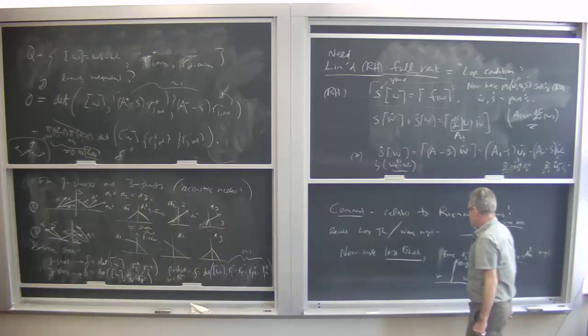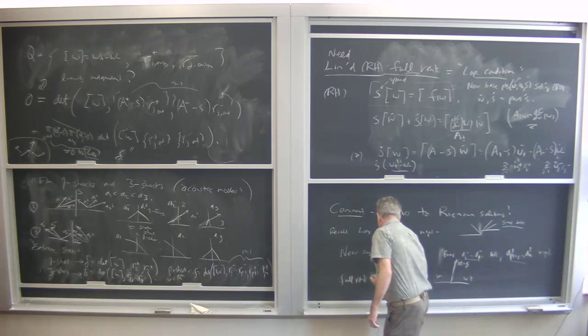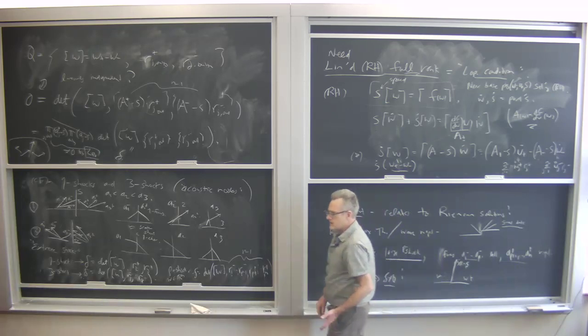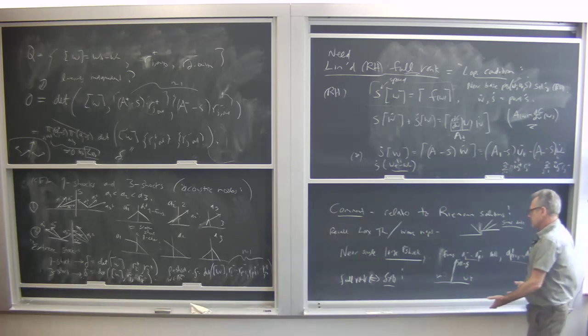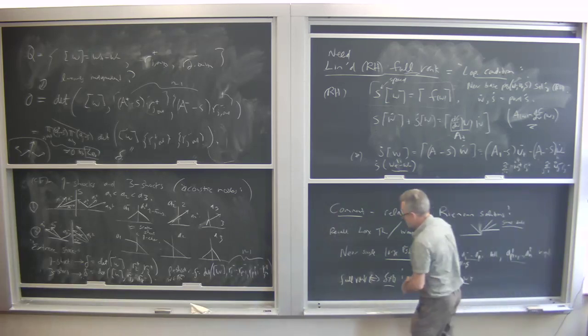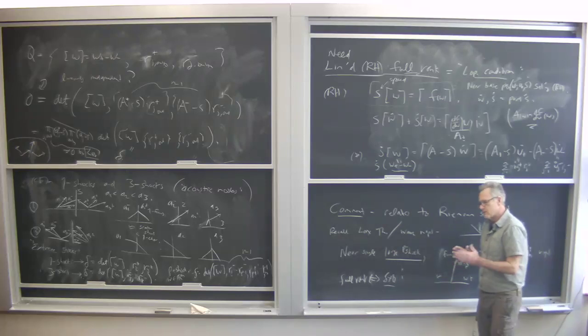This is equivalent to full rank, which is equivalent to delta not equal to 0. So there's some connection between uniqueness of Riemann solutions and stability of shocks. It comes through this Lopatinsky condition. But also, these Riemann solutions are really interesting.